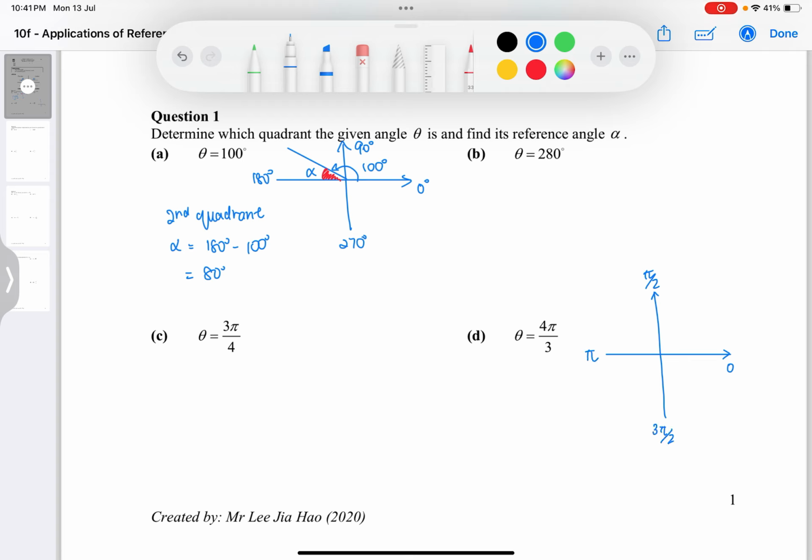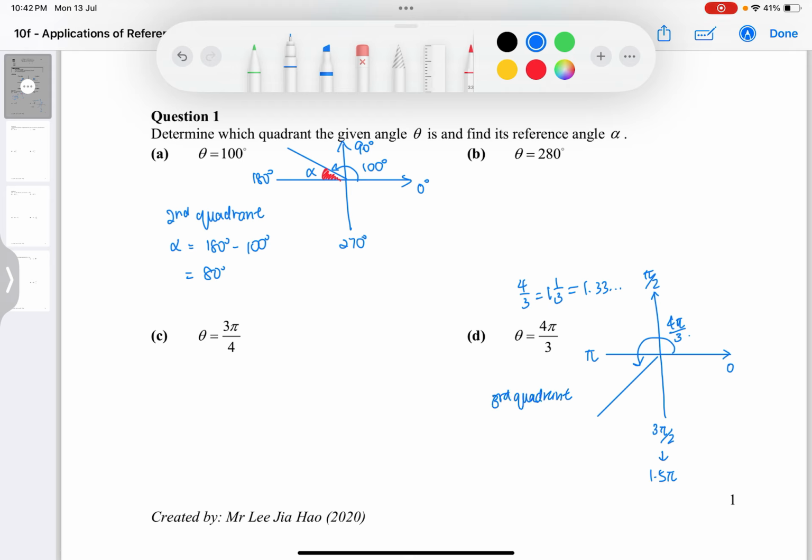So where is 4 pi over 3? 4 pi over 3 means it's slightly more than 1 pi, right? 4/3 is 1 and 1/3. So that will be more than pi, but lesser than 1.5 pi. In decimals, this is like 1.333 pi, but this is like 1.5 pi. So it's somewhere in the third quadrant. So draw your angle at the third quadrant. This is 4 pi over 3. So the answer is third quadrant.